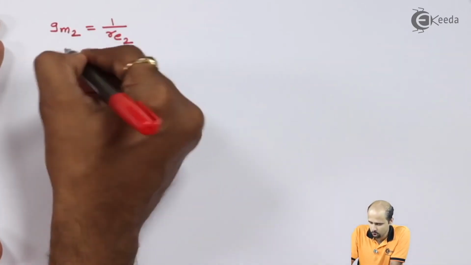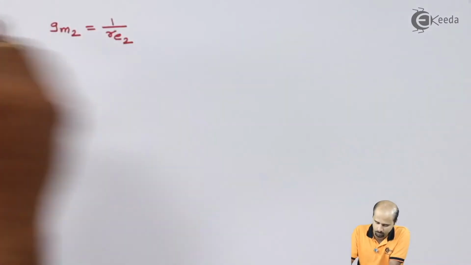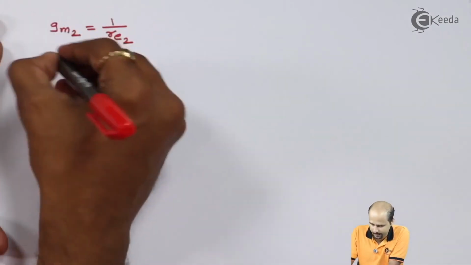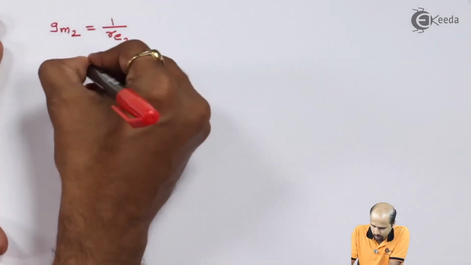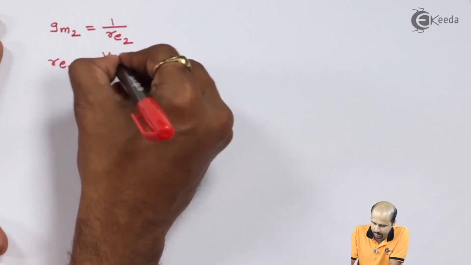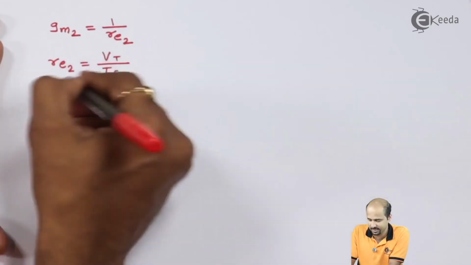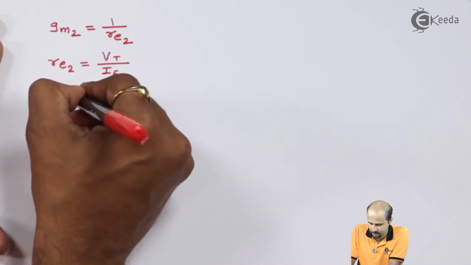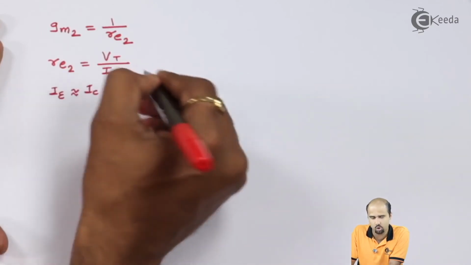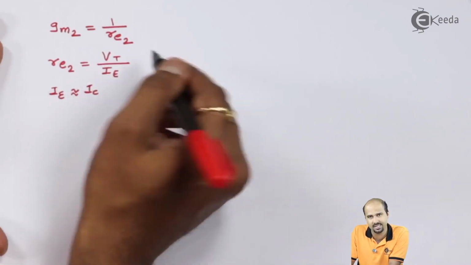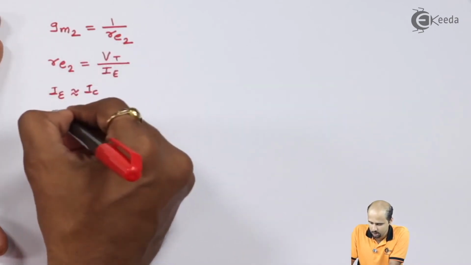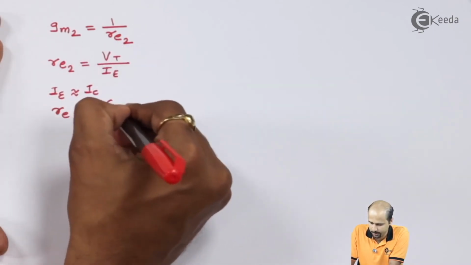And we all know that the value of RE2 is equal to VT divided by IE. As we have said that IE is nearly equal to IC, so we have to incorporate that IC into this particular formula. So RE is equal to 26 millivolts.